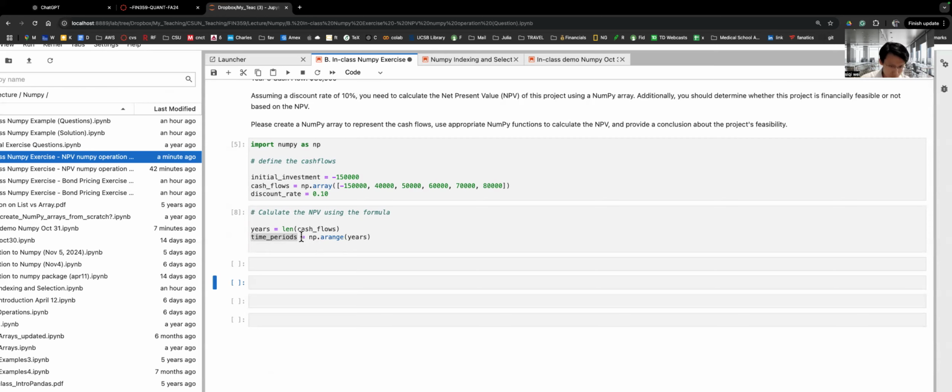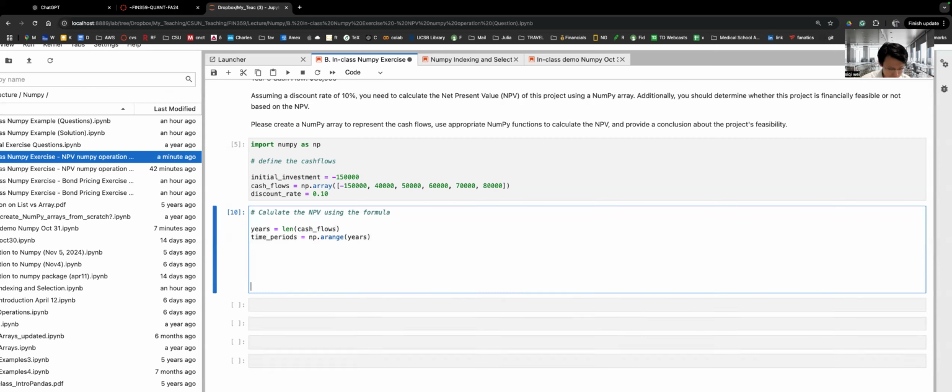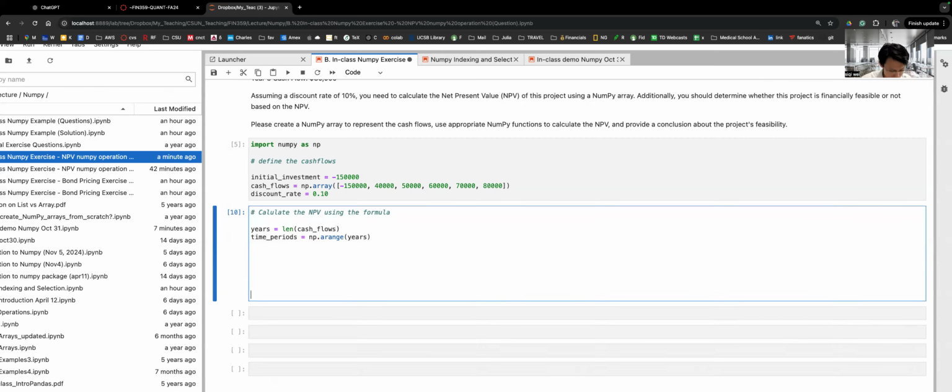When it comes to the discounting, we have to sort out the discount factor in the first place. To discount back all the cash flows, we have to sort out 1 plus the discount rate to the power of, of course, the time periods.